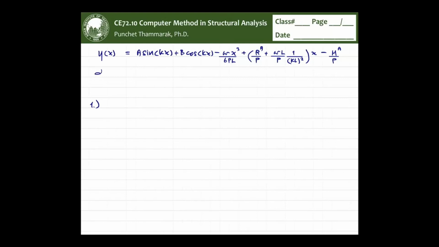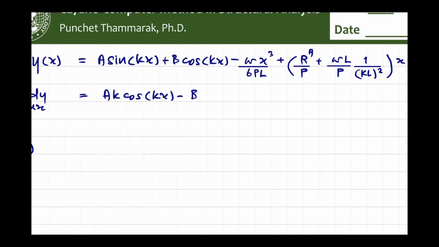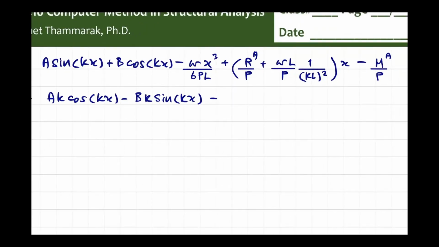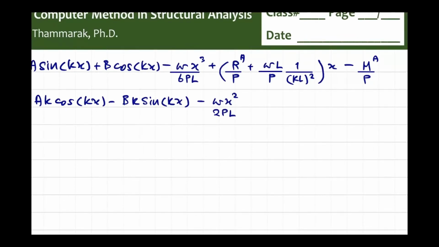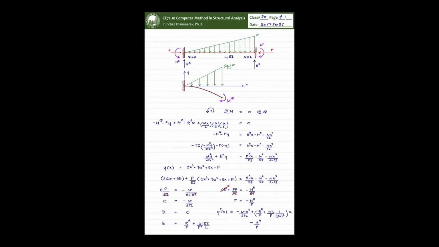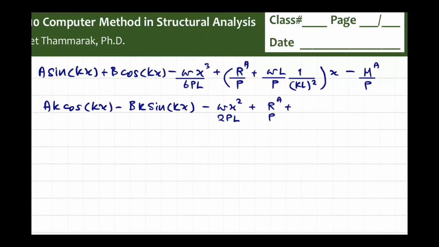Maybe I provide this: dy/dx equals A k cosine kx minus B k sine kx minus W 3x squared over 6PL, plus RA over P, plus WL over P times 1 over KL square.